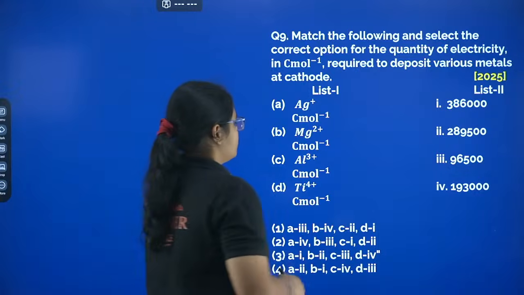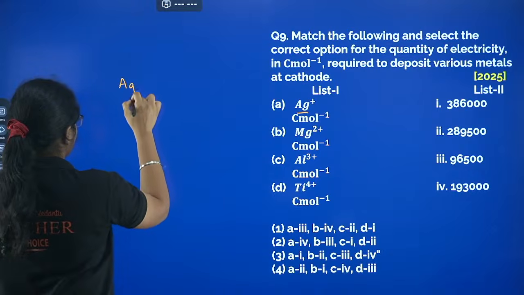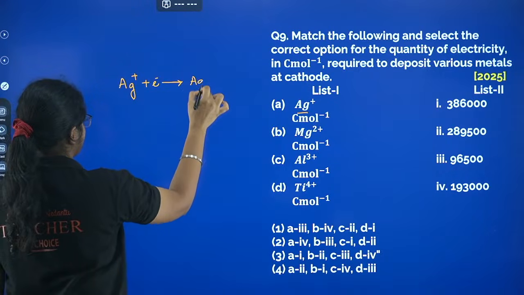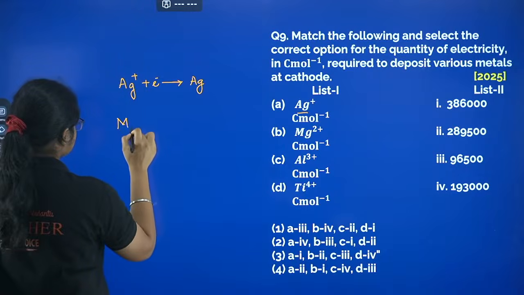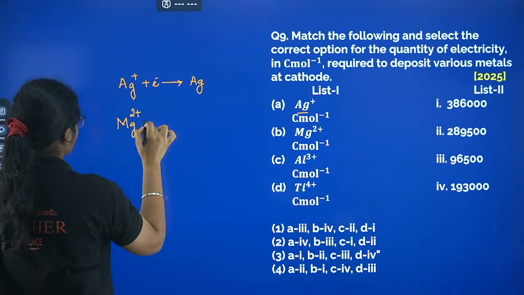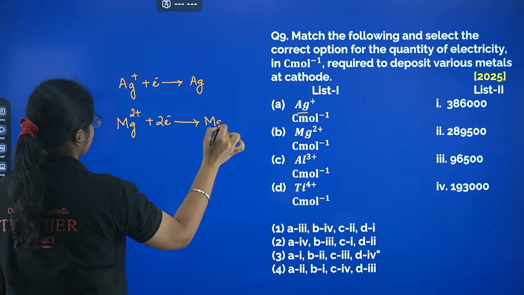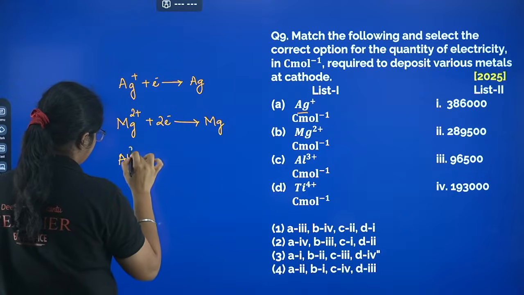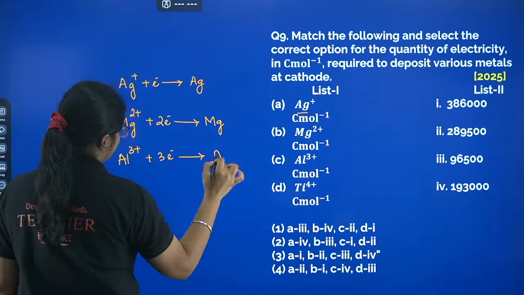So you see Ag plus, how will you deposit? Ag plus 1 electron gives me Ag. Next, Mg2 plus: Mg2 plus 2 electron gives me Mg. Then Al3 plus, 3 electron gives me aluminium.